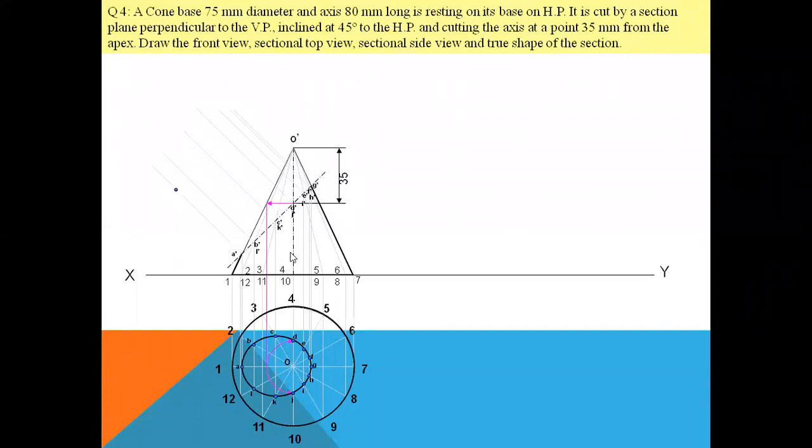Again, in the similar manner, from the reference line till that point A on the top view, you will take the measurement using compass. Same measurement, we'll take it from A dash on this perpendicular and we'll mark A1. So the same process will continue to get all the other points.